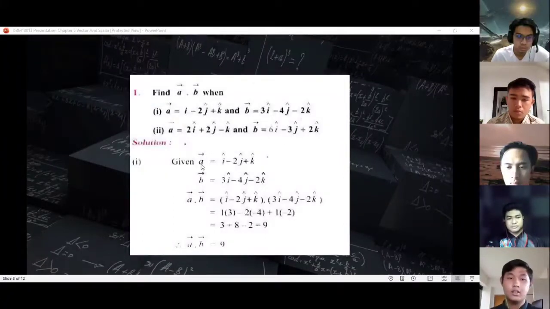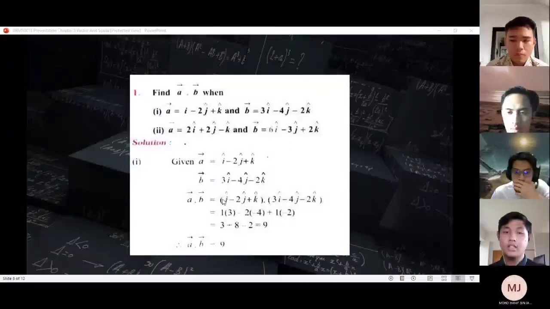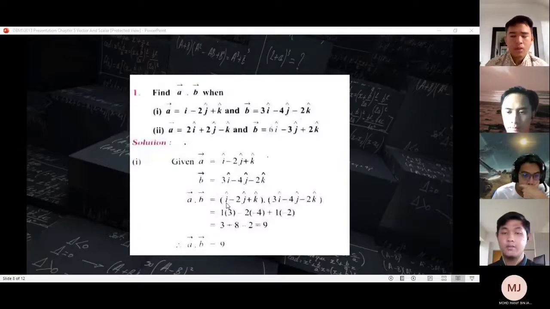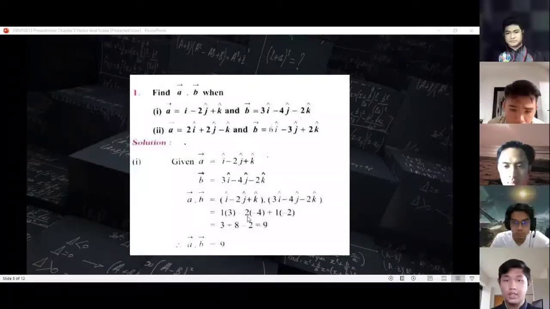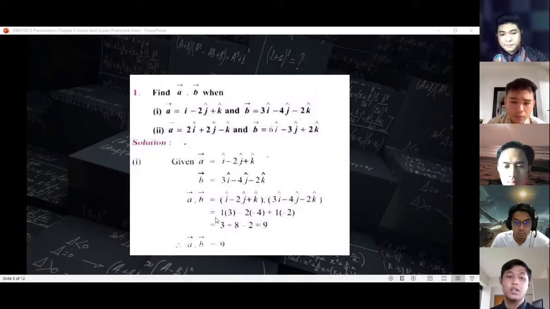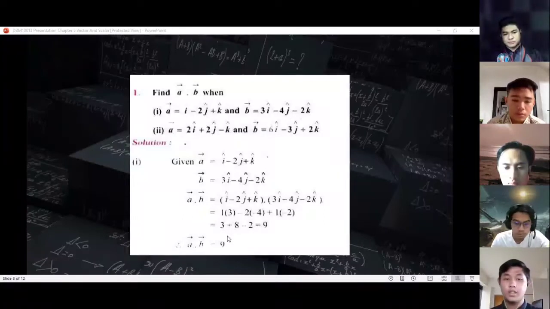The solution is, given A equals i minus 2j plus k and B equals 3i minus 4j minus 2k, A dot B equals open bracket i minus 2j plus k close bracket dot open bracket 3i minus 4j minus 2k close bracket, which is 1 times 3, minus 2 times minus 4 plus 1 times minus 2, so 3 plus 8 minus 2 equals 9. The final answer of A dot B is 9.